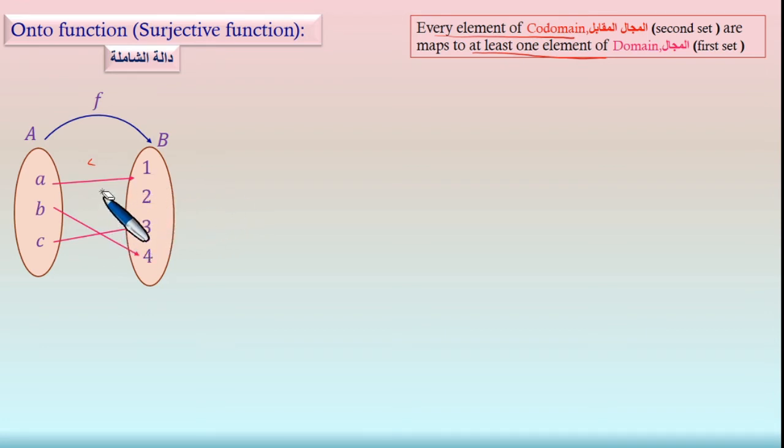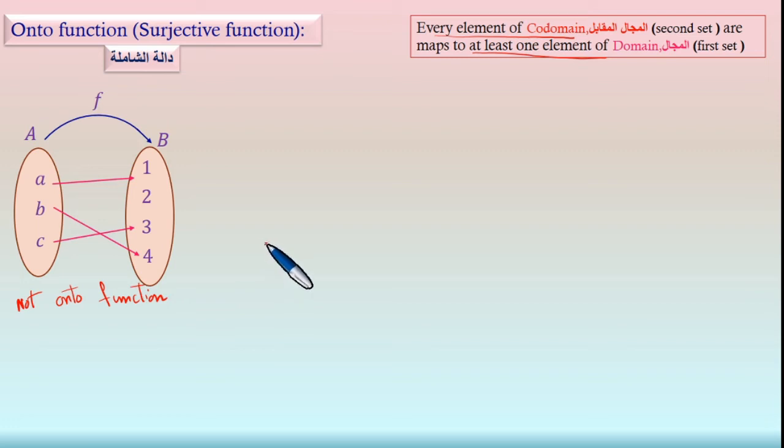It is not mapped with any of the elements of the first set, that is the domain. So therefore it is not an onto function. I hope it's clear for you. This is not onto function.